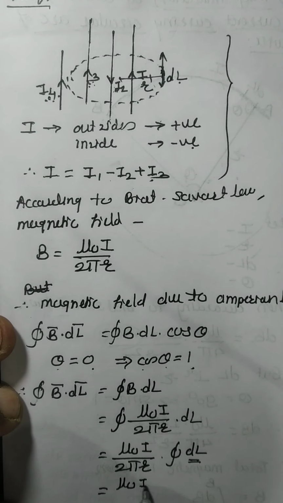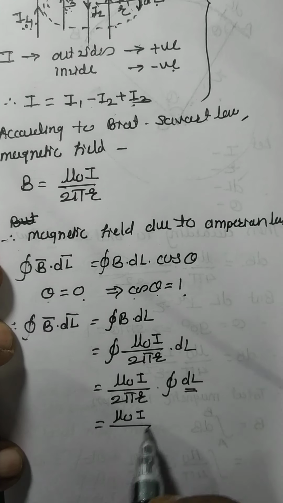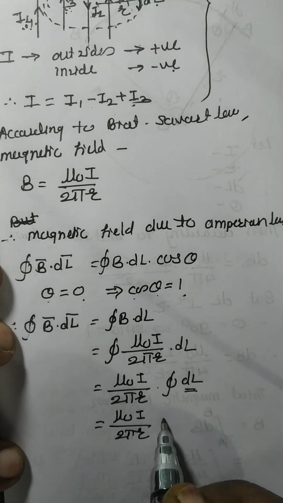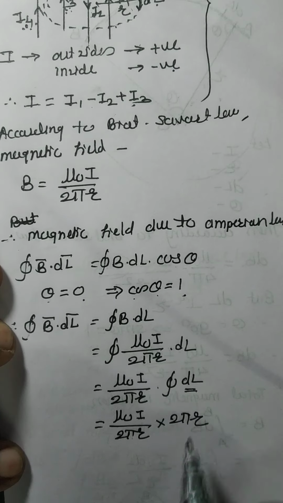That is mu naught I divided by 2 pi r into 2 pi r.